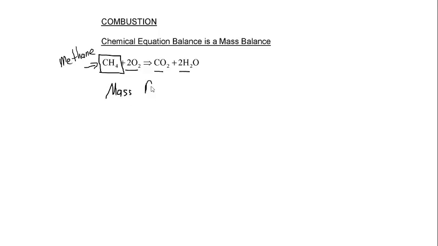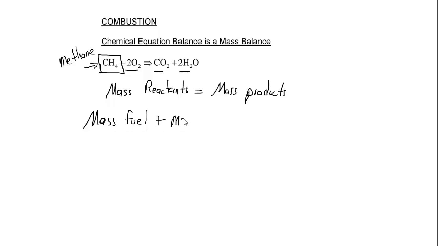The total mass of reactants should equal the total mass of products. So that means that the mass of the fuel plus the mass of the oxidizer must equal the total mass of products.